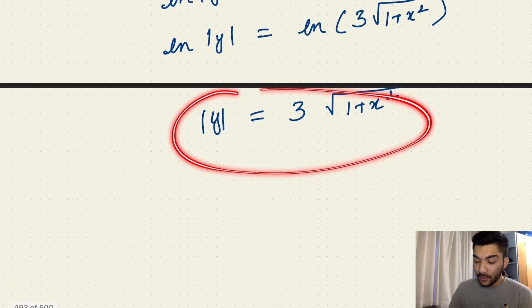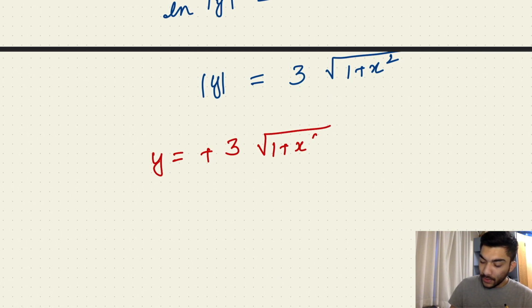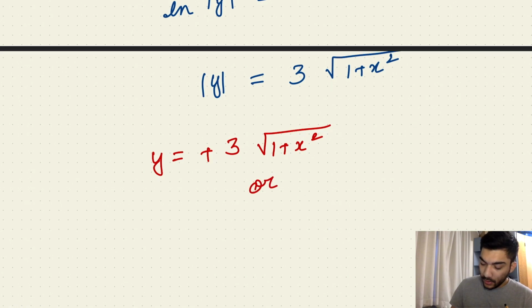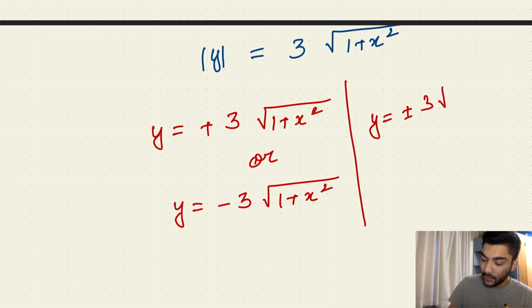And now you know that the meaning of this expression is that your y is either plus 3 times root 1 plus x square, or your y is equal to minus 3 root 1 plus x square. Or simply, if you want to express it in different terms, you can write this as y equals plus minus 3 times square root 1 plus x squared.